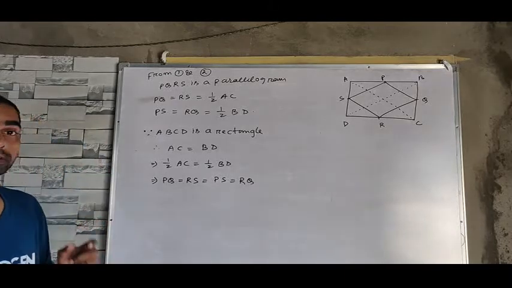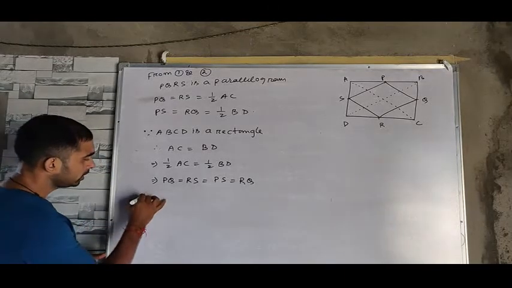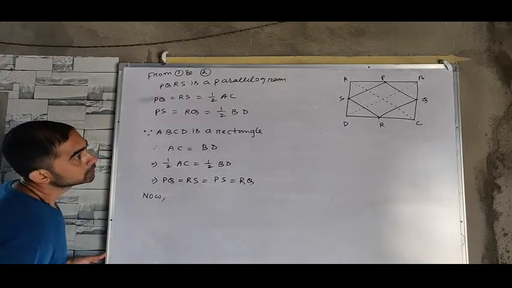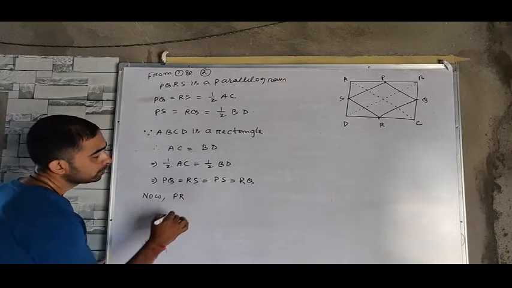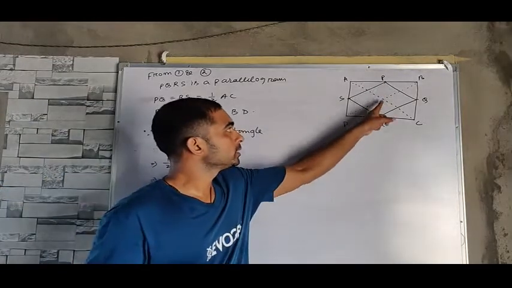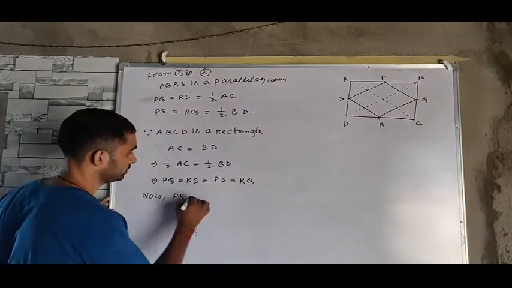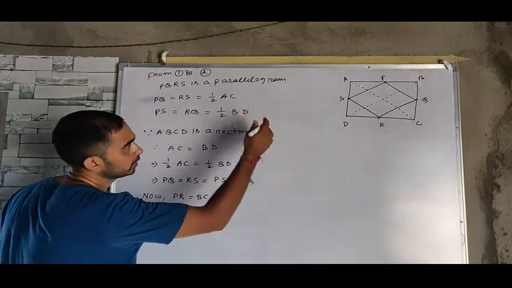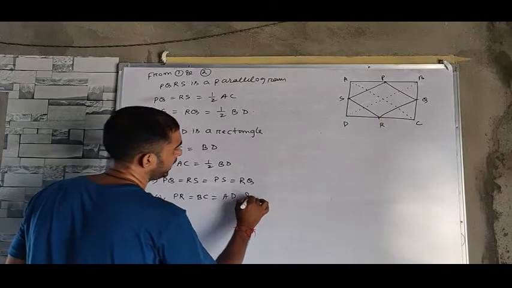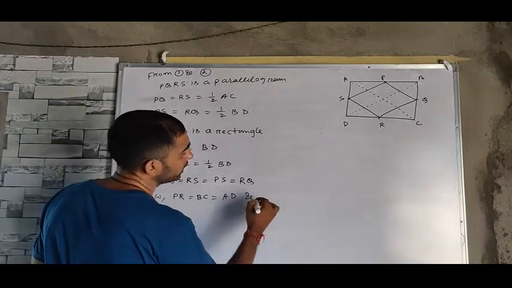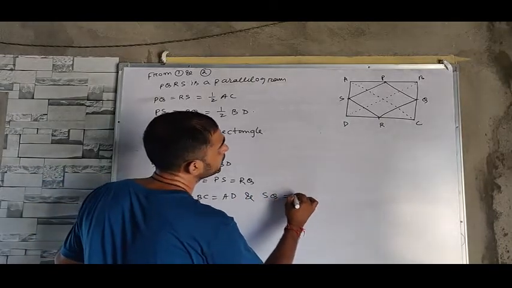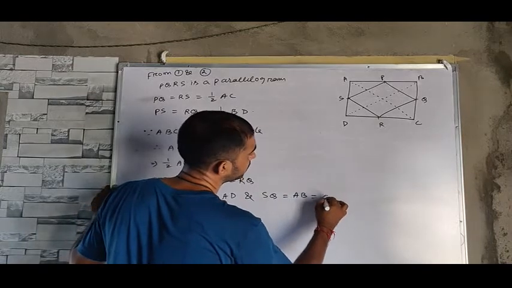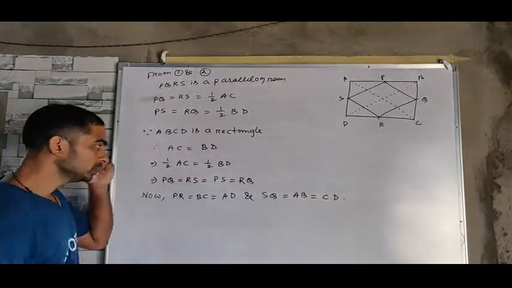Now we will prove that the diagonals are not equal. See, PR is equal to BC and is equal to AD, and SQ is equal to AB equals CD.